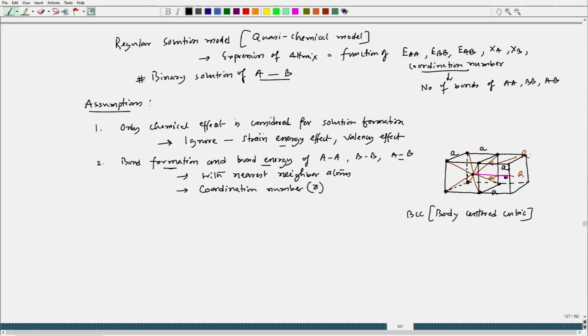And these bond energies, EAA, EBB and EAB, are all negative in nature. Why? Let us say you have an atom, and another atom is positioned at an infinite distance. When they are brought closer to each other, there will be a lot of attraction.